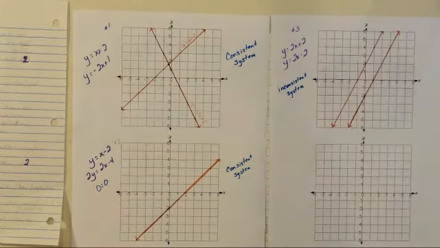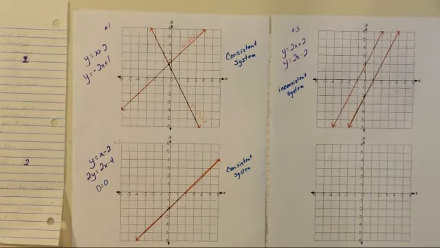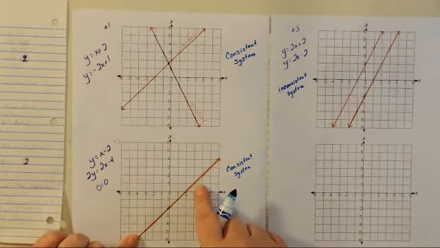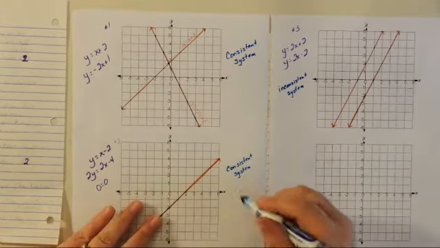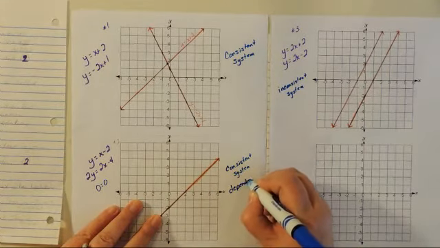Okay? A system of equations is a dependent system when one of the equations in the system contains all solutions common to the other solutions. In other words, if they share an infinite number of solutions, it's called a dependent system. So this is a consistent system and a dependent system.